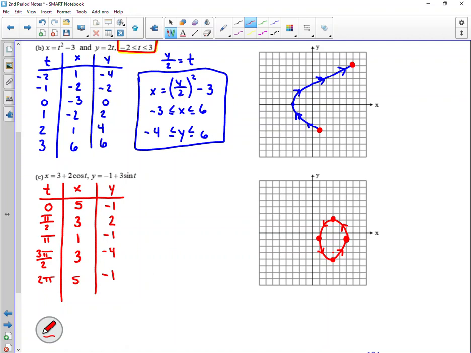Yeah, I like that. So what should we do first with these two? Cosine t equals, what does cosine t equal? X, okay. And sine t equals, okay.